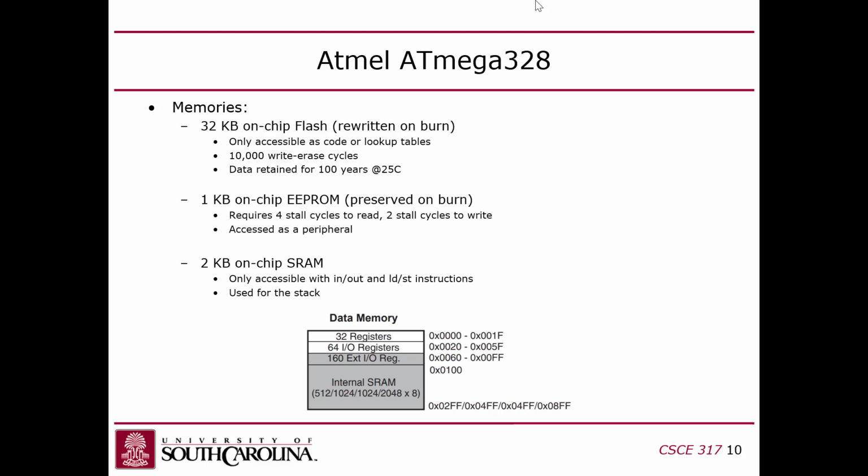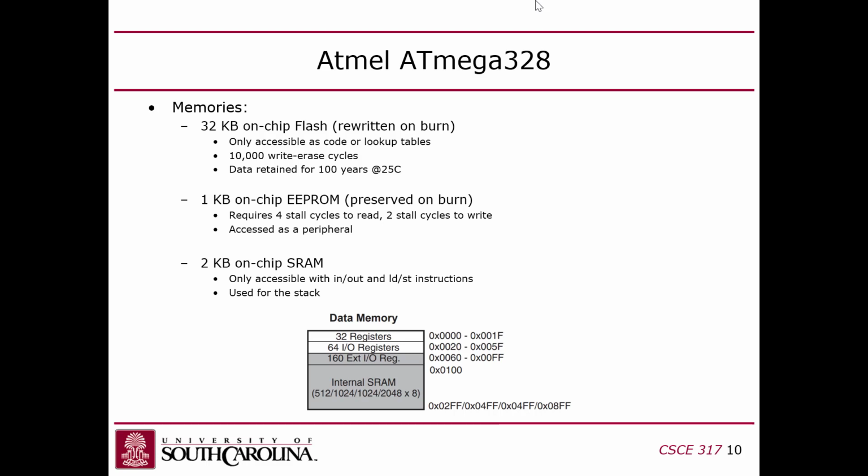And it's kind of crazy. They claim that the data will be retained on there for 100 years as long as you maintain this thing at 25 degrees Celsius. I think it's 25 years at 100 degrees. So there's pretty crazy claims there about the data retention. But that memory is only accessible through your program code, and you can also store lookup tables.